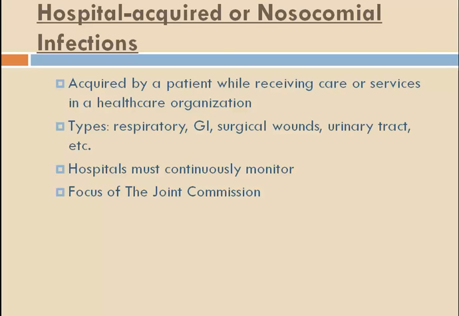An infection can be life-threatening for patients who are being treated in the hospital. Hospital-acquired infections are a big focus of the Joint Commission, and they are something that Joint Commission has standards on and requires specific reporting on.